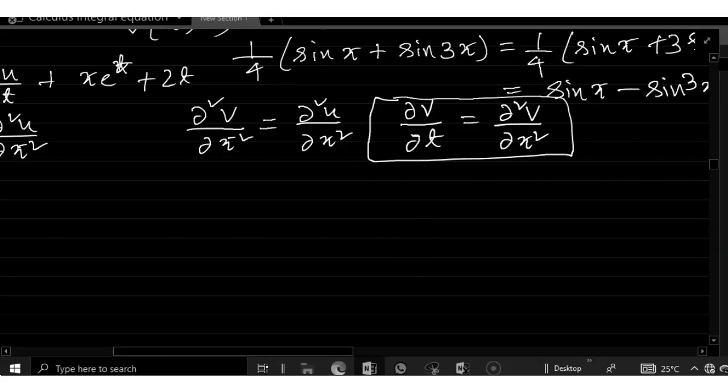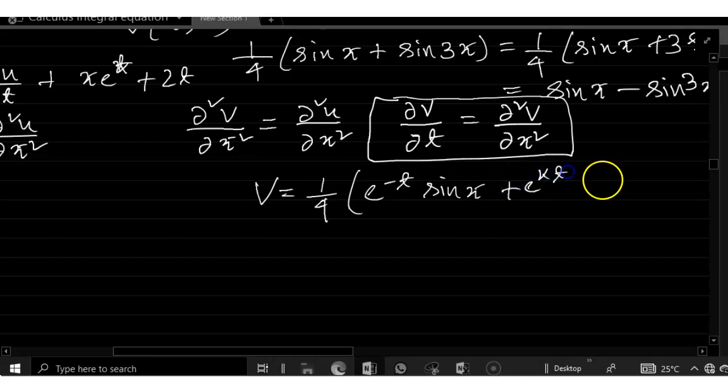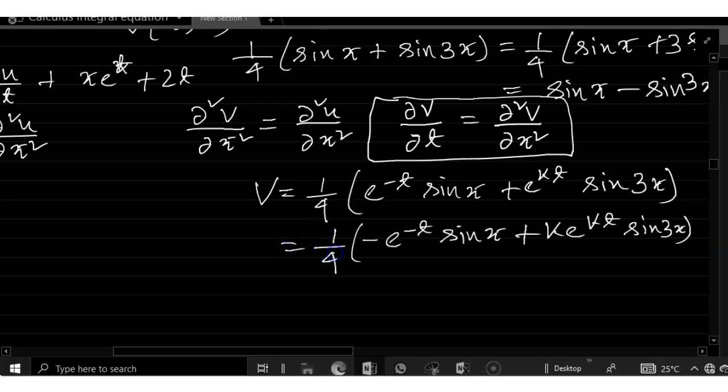So the solution v can be written as 1/4 e^(−t) sin x plus e^(−9t) sin 3x, equals 1/4 of this.